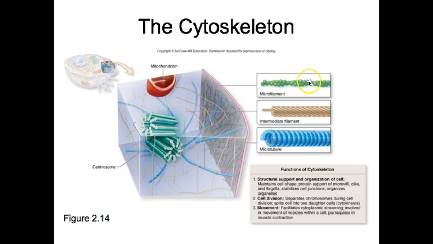Cytoskeleton, you have three types of cytoskeleton: microfilaments, microtubules, and we honestly don't hear as much about intermediate filaments, but they're there. Microtubules are made up of tubulin. Microfilaments are made up of actin. You will need to know all about actin later.